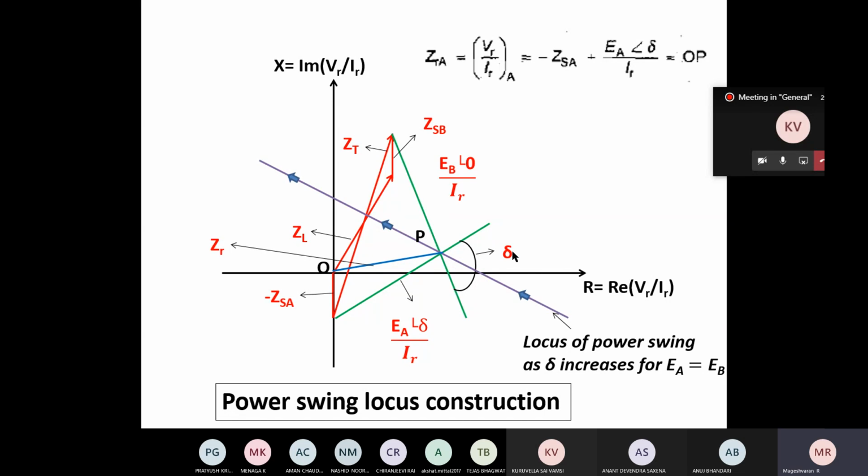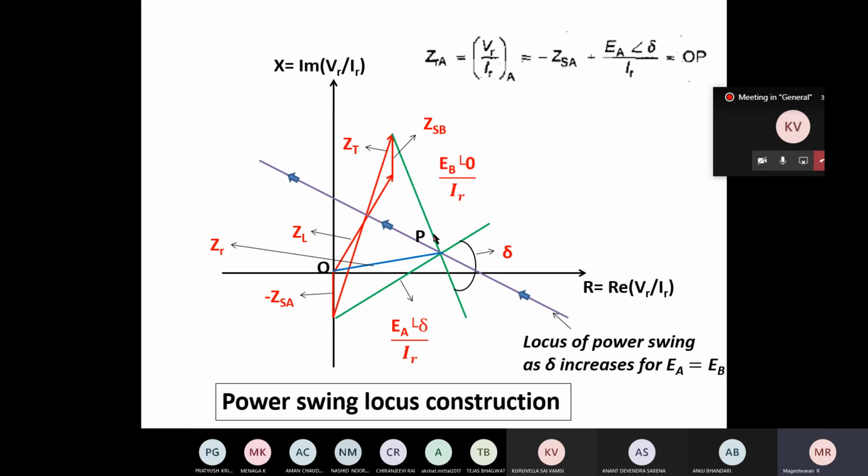Again, during the power swing, del is going to increment. In that case, this point P is going to travel in this direction, from right to left. This is going to occur normally.